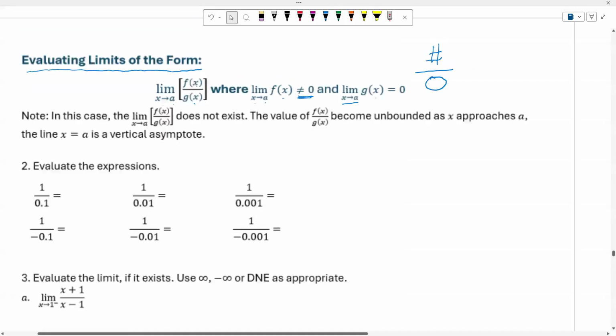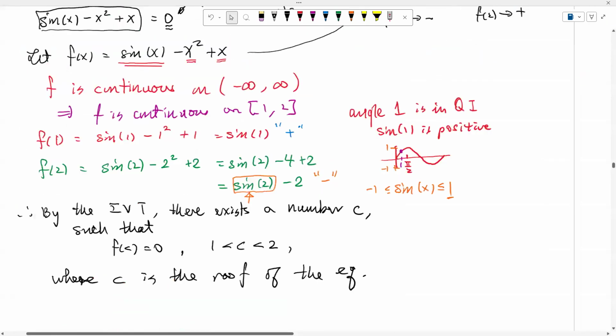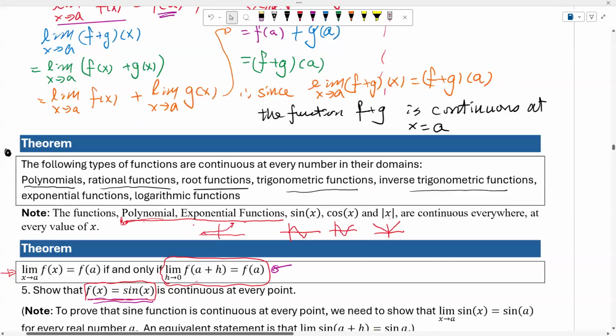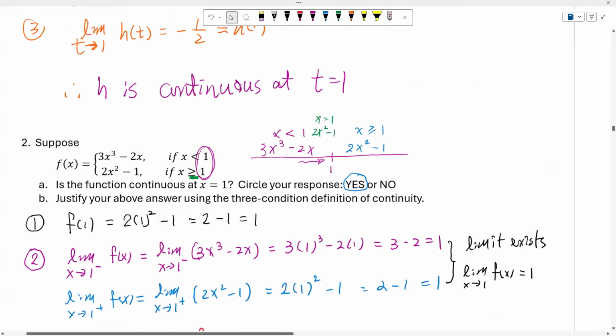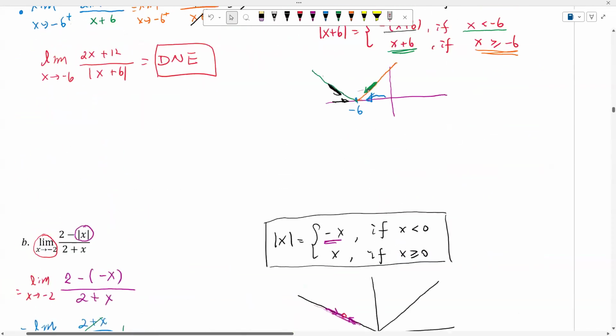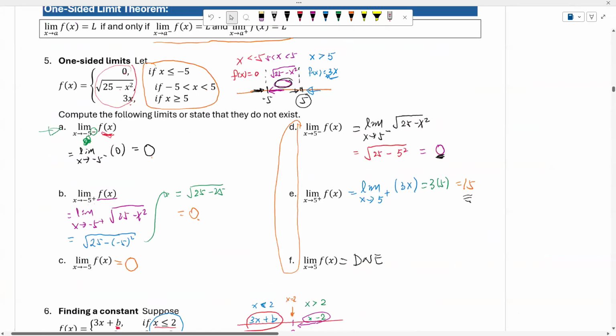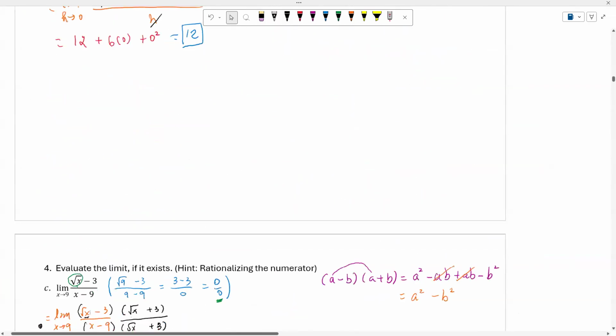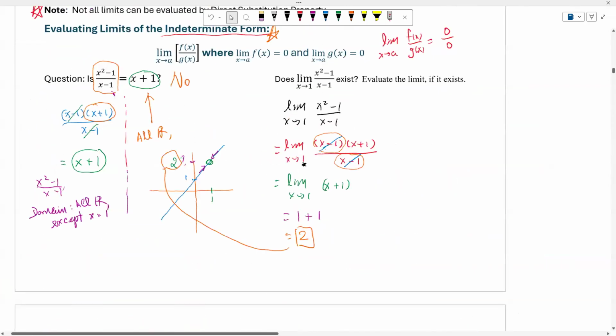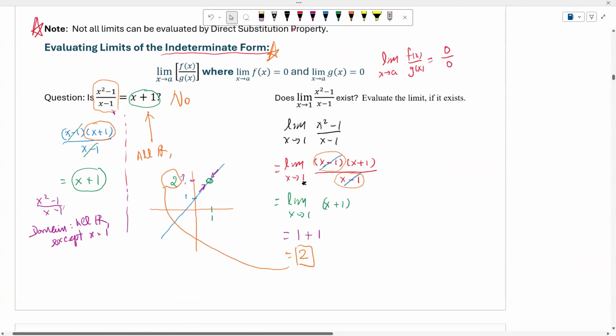Now, remember this situation right here is different than what we did in section 2.3. In section 2.3, we have the limit as x approaches a of f of x over g of x, which is actually equal to 0 over 0.